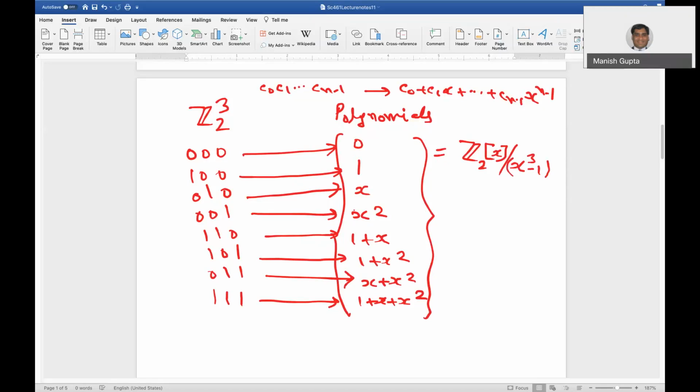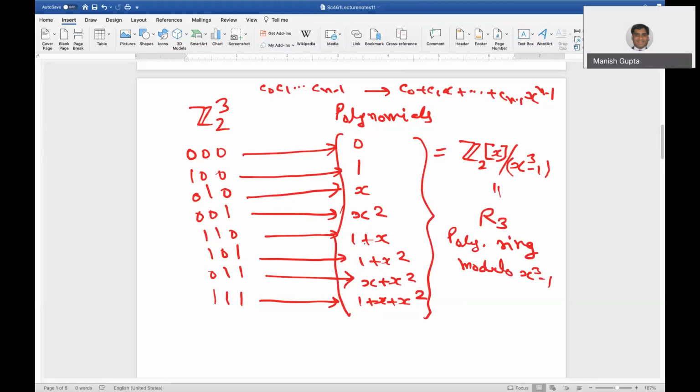And we denote it by another notation known as R3, and this is known as the polynomial ring modulo x cubed minus 1. So basically, Z2[x] is all polynomials over Z2. And we reduce everything by the polynomial x cube minus 1, meaning when x cube is equal to 1, we get only 8 polynomials. And so this is nothing but a polynomial ring.